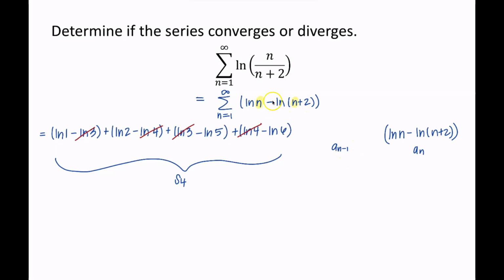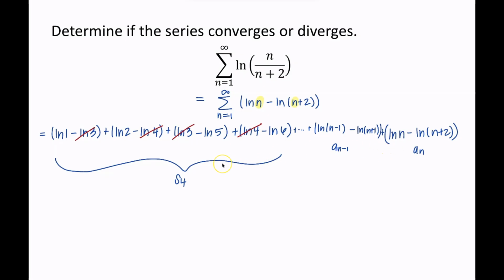If I replace each n with n minus 1, that means this term is going to be natural log of the quantity n minus 1, and then minus, if I replace this n with n minus 1 plus 2, well, negative 1 plus 2 is plus 1. So we're going to have natural log of n plus 1, plus, and then the a sub nth term.